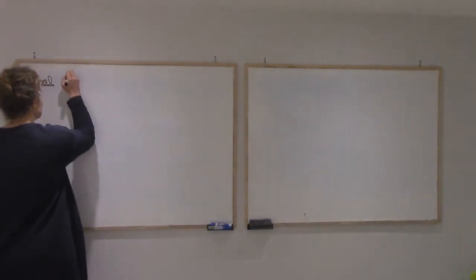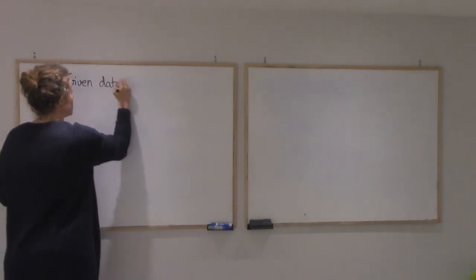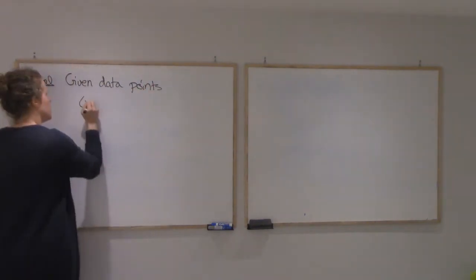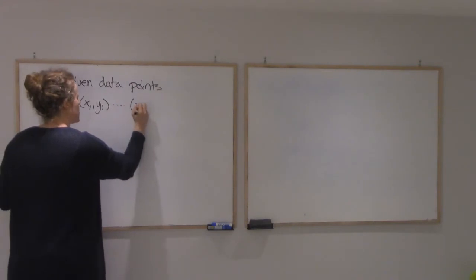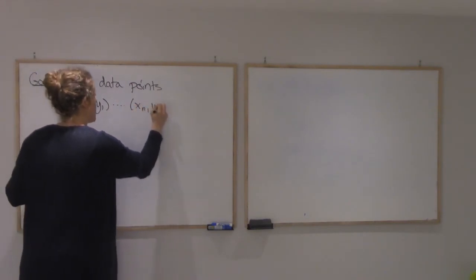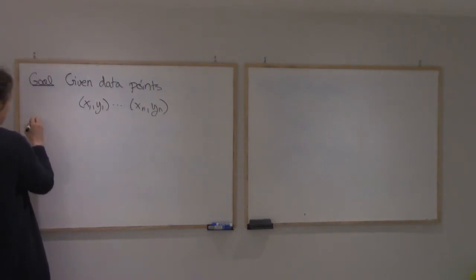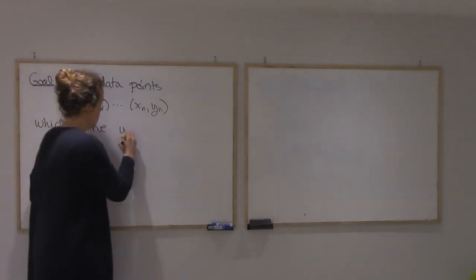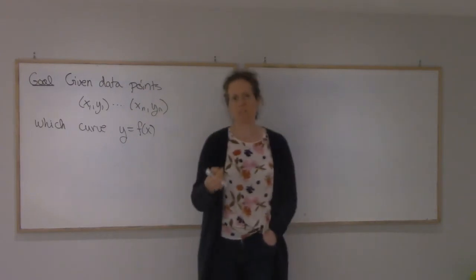So given data points x1, y1 up to xn, yn, which curve y equals f of x? I need to restrict myself to a specific type of curve.